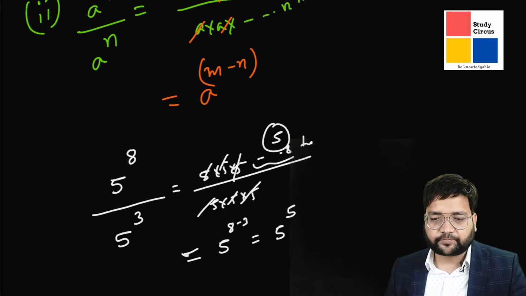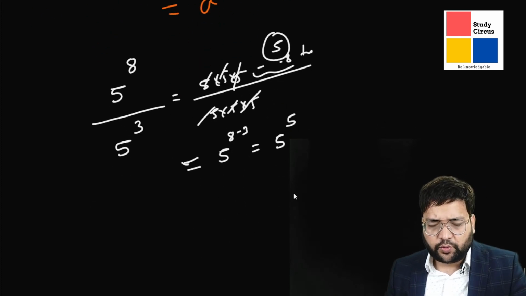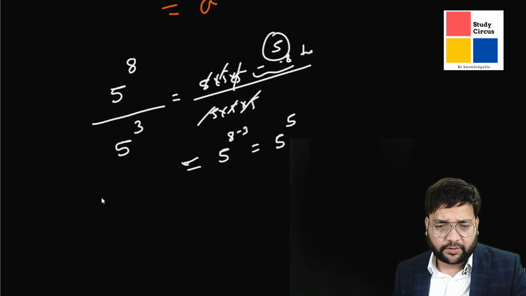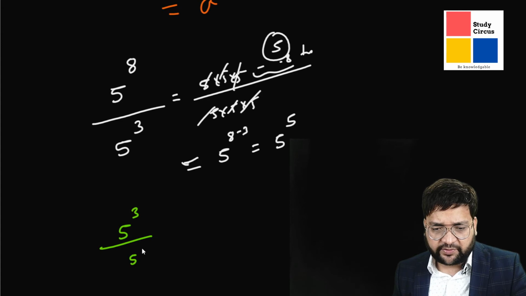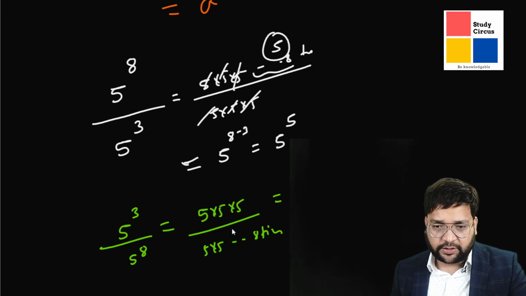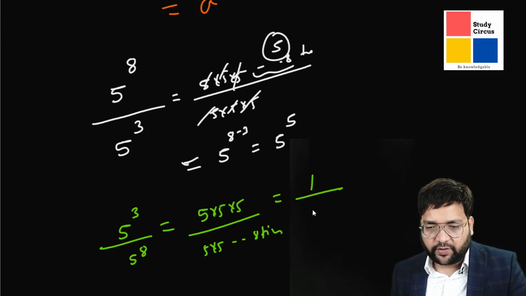Now what if it was the reverse of this? I mean to say 5 to the power 3 by 5 to the power 8. Still the rule remains the same. This is 5 into 5 into 5 upon 5 into 5, 8 times. Again you will cancel out three 5s from the denominator, so it will be 1 upon 5 to the power 5.